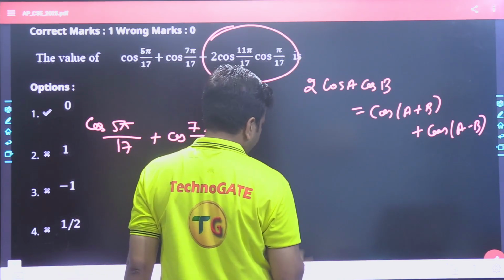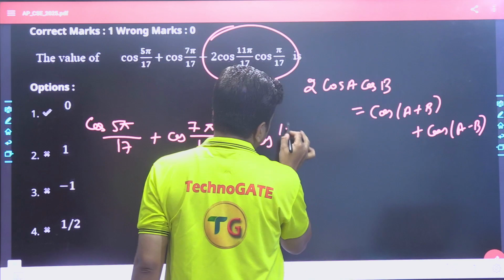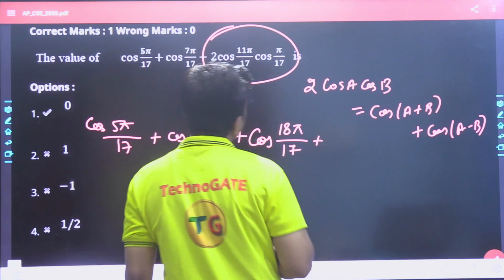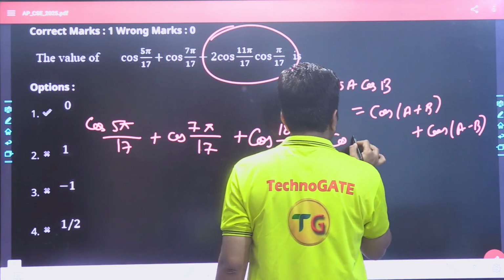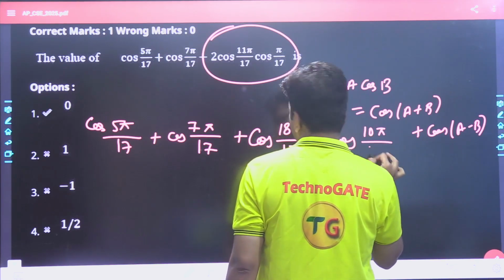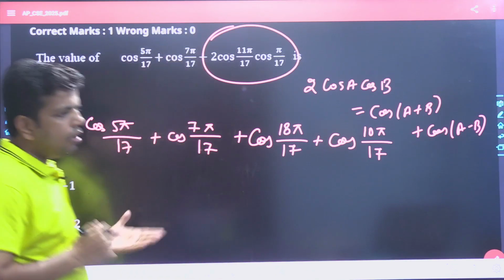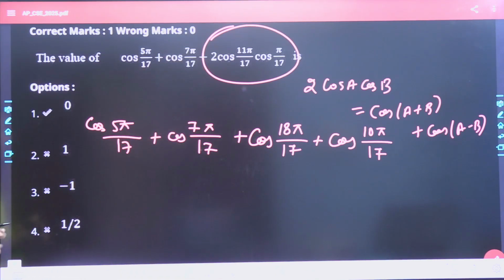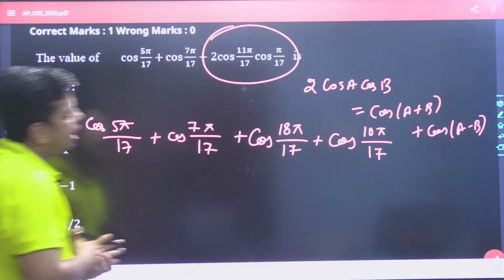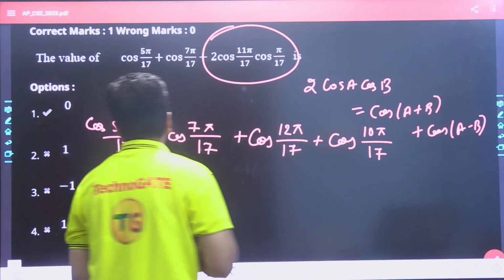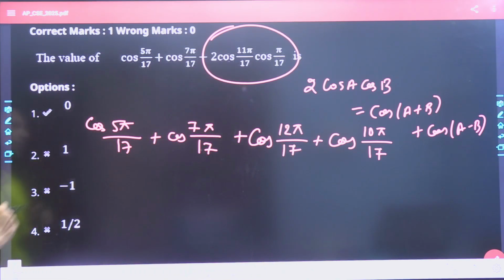Cos pi plus A cos 10 pi. Five, 7, 10, 5.